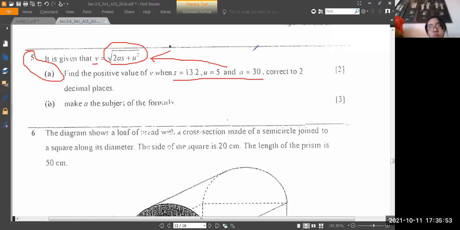Just use your calculator. Do it on a piece of paper. Show some working. 2 marks. You need to give workings. 2 mark question, you need to give workings. So once you have completed it, then you just send it over.